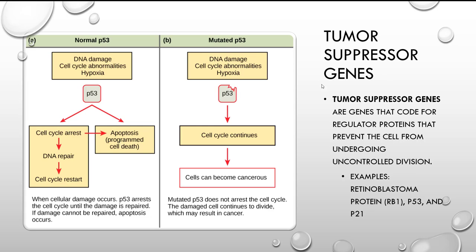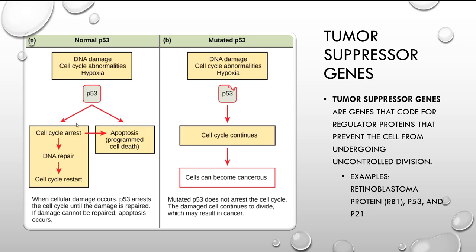Okay. And that's due to the DNA being damaged, cell cycle abnormalities, or hypoxia, for example. So that P53 tumor suppressor gene will turn on, and it will basically tell the cell to undergo programmed cell death. Okay.